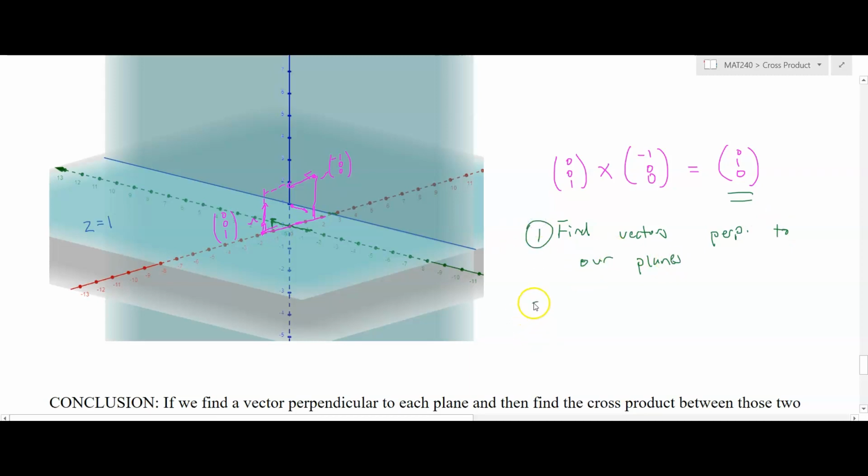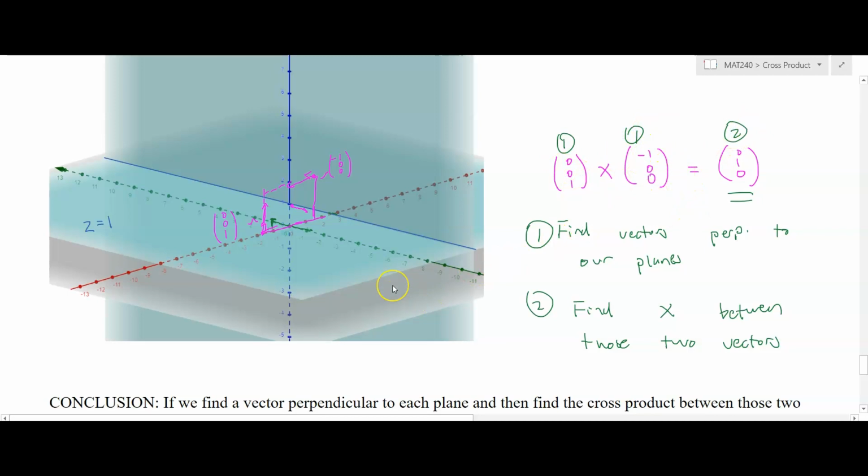So step one. Step two is then to find the cross product between those two vectors. Here we were able to do that intuitively because we could already figure out what vectors are perpendicular to the two planes that we're dealing with without having to do any real heavy mathematics, and then compute the cross product between those two. So step one involves finding these two guys, and then step two involves finding the cross product between them.